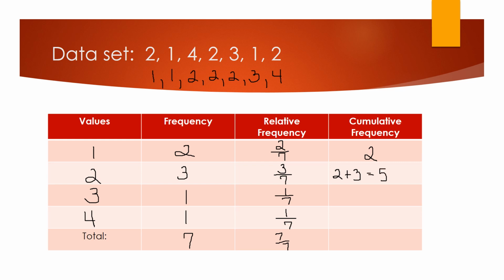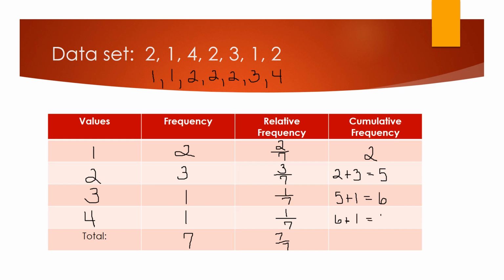For the cumulative frequency for 3, we're going to take the 5, add the 1 from the frequency for the 3 to get 6. And then again, we start with the 6, add the 1 in the frequency column for 4, and we get 7.